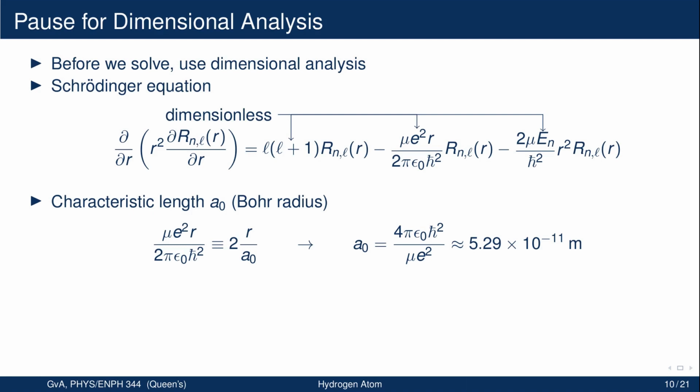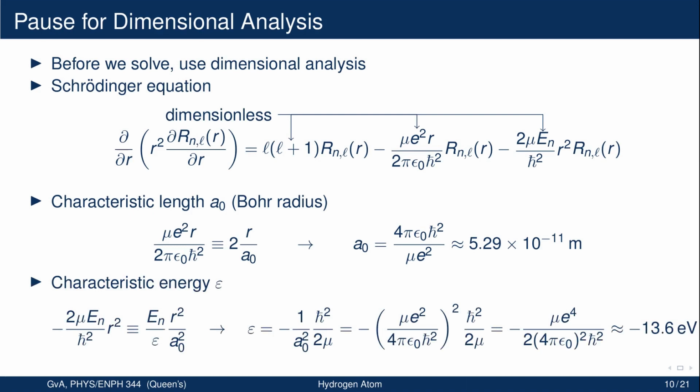By making the identification that mu, the mass, times e squared r over 2 pi epsilon naught h bar squared is 2r over this quantity a naught, the Bohr radius, we can describe the characteristic length scale in the system. If you substitute in all these physical quantities, you find that the Bohr radius is on the order of 10 to the negative 11 meters.